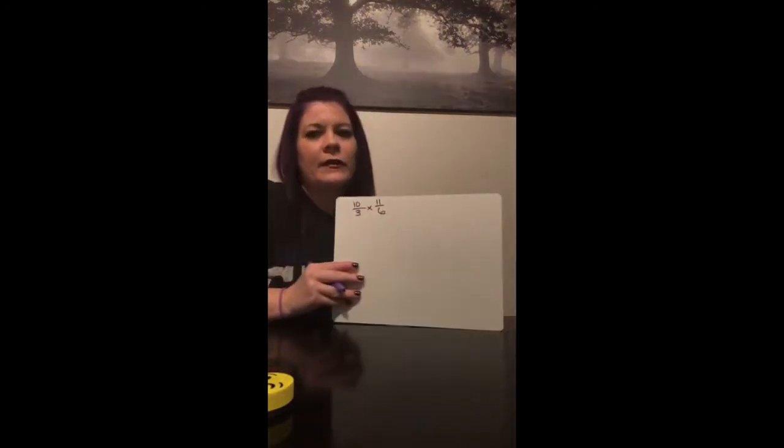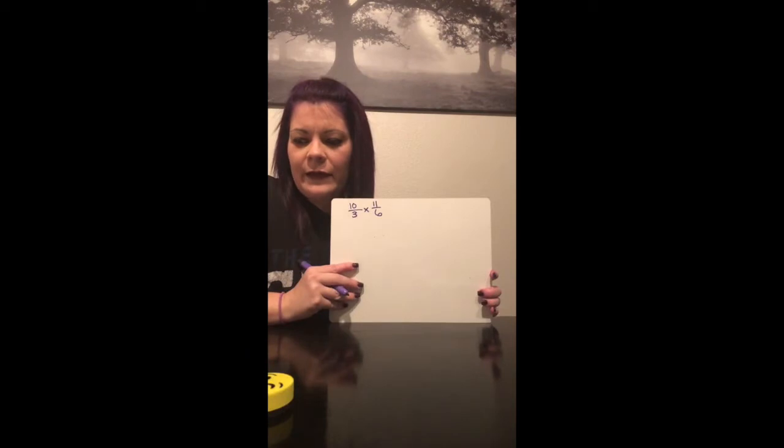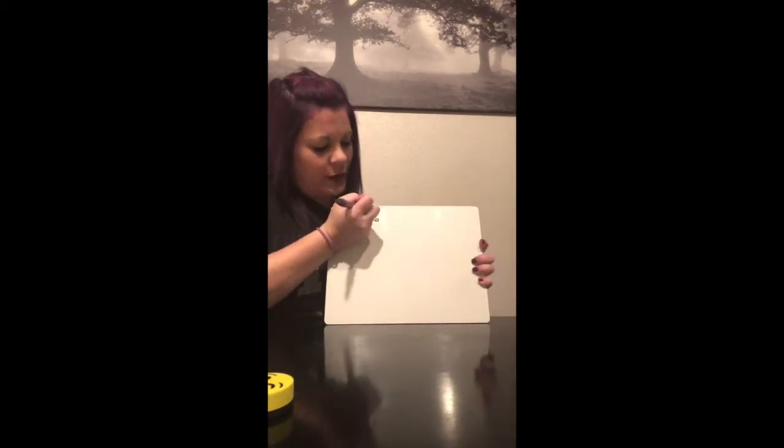So now let's teach you something where you can reduce within the problem. If I were to do this problem, 10/3 times 11/6, and I would do it like I taught you, you just multiply straight across. 10 times 11 is 110, and then 3 times 6 is 18.